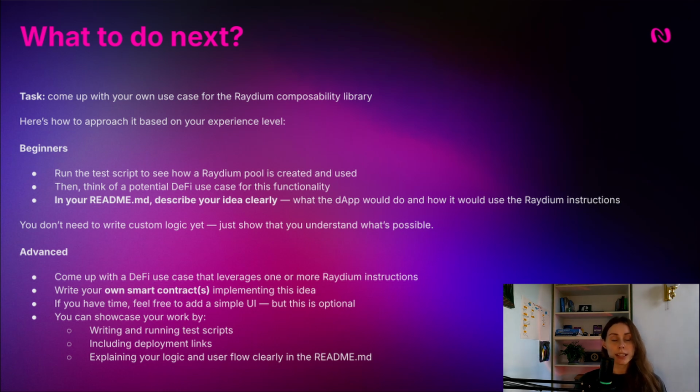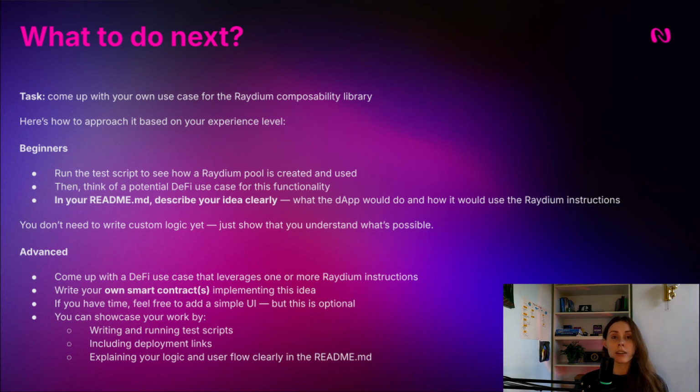You can mix and match these instructions to create entirely new DeFi experiences right from your Solidity code. And if you're feeling bold, go beyond the tutorial, build an advanced contract that locks LP tokens as NFTs, or lets users swap with custom slippage logic.